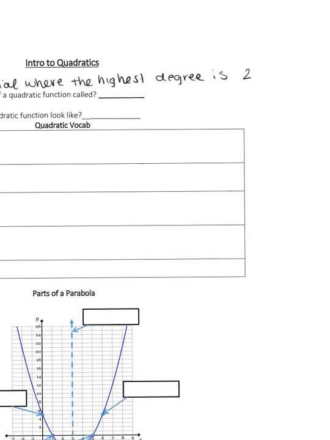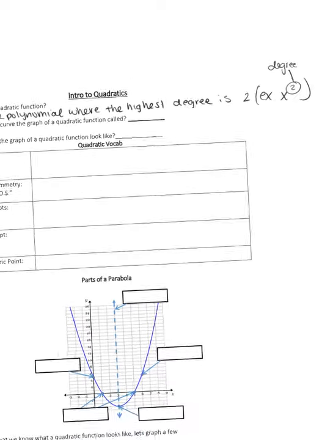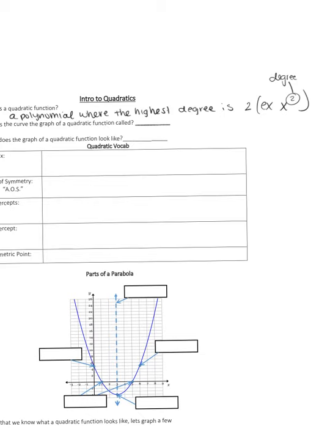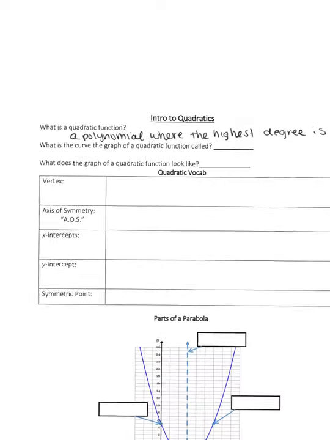And what a degree is, so example, this is your degree. So whatever your exponent is, that's your degree. Okay, so when we're looking at a quadratic function, we need to see our highest degree or our highest exponent be a 2.